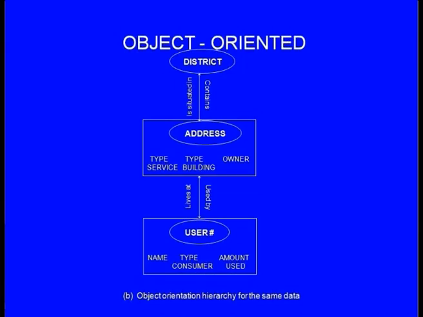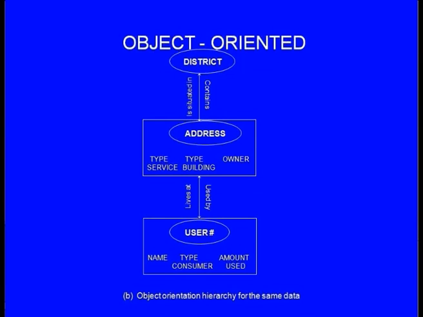This particular slide shows the manner in which the previous example of a utility distribution system could be organized or structured by an object oriented database, wherein it will have three objects: district, address and user.